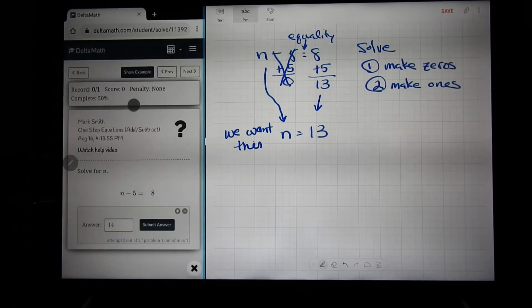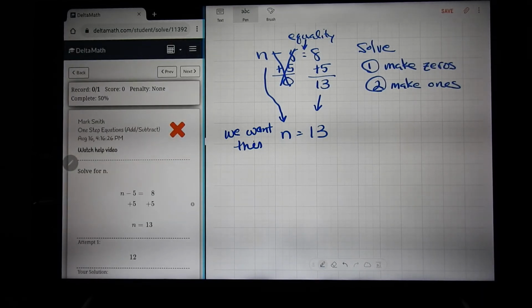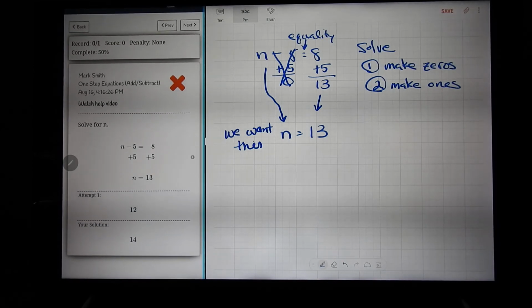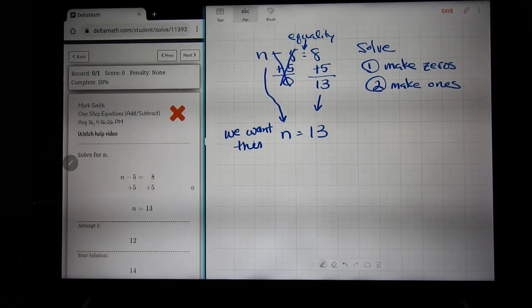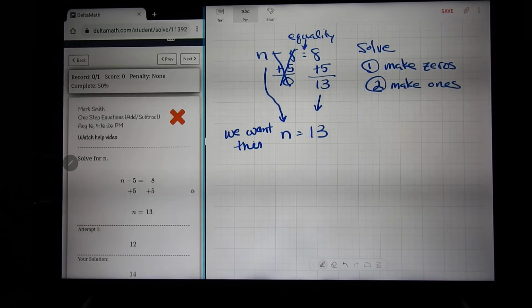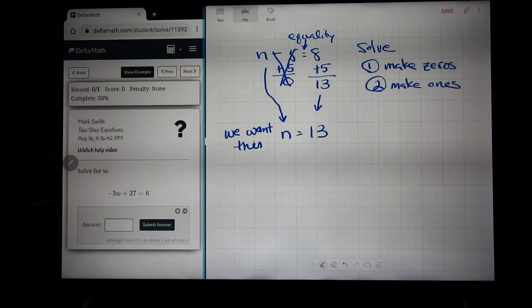Oh, X. It says your first two attempts were 12 and 14, and here's the right way to do it and how we got 13. And you say, oh, okay, great. And so I'm going to hit next. And now it doesn't give me a chance to go do that problem again. But we all know how to do it, and we all know we would have gotten it right.